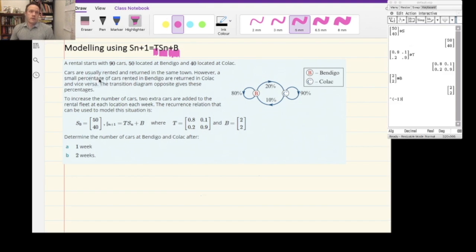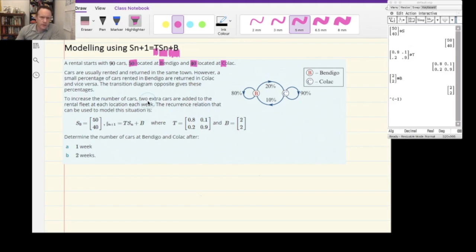Okay, so a rental company starts with 90 cars, 50 located at Bendigo and 40 located at Colac. The cars are usually rented and returned in the same town. However, a small percentage of cars rented in Bendigo are returned in Colac and vice versa.